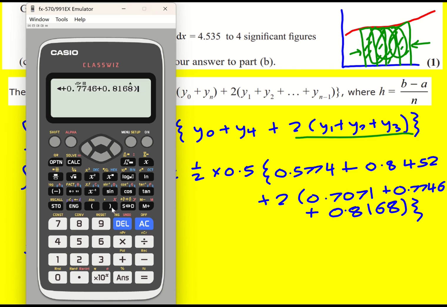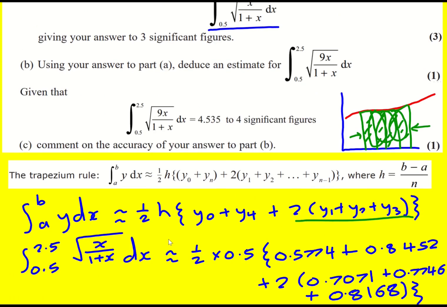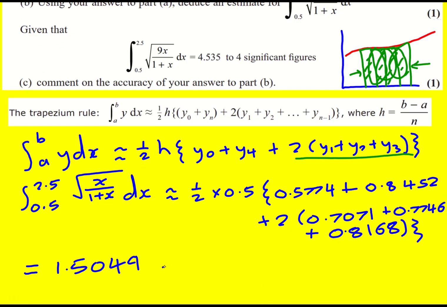Right, close the bracket for what we're timesing by 2, close the bracket for what we're timesing by a half, times 0.5, gives us an answer of 1.5049. Give our answers to 3 significant figures, so 1.50.